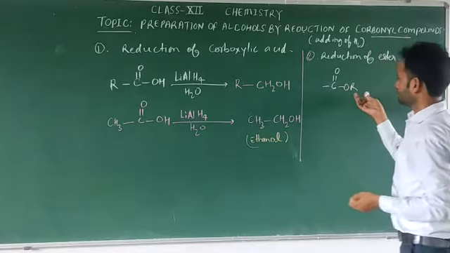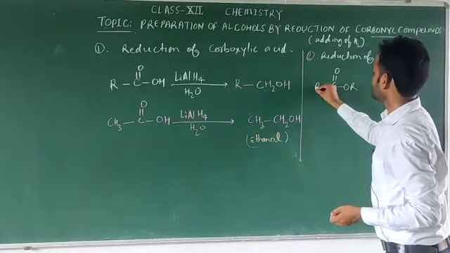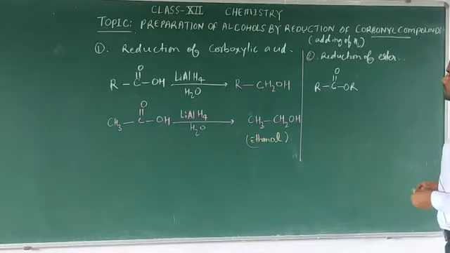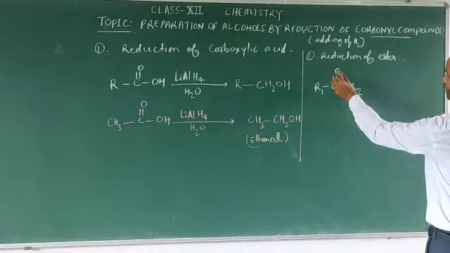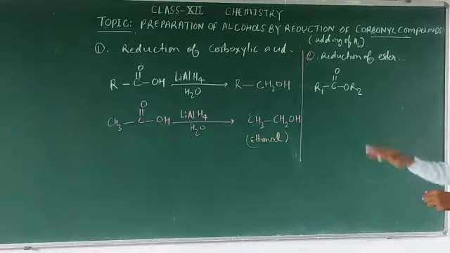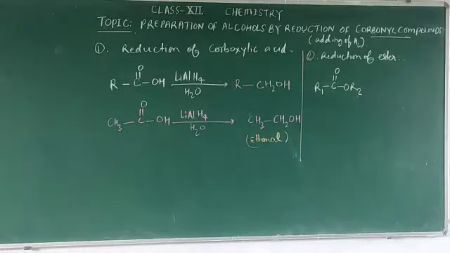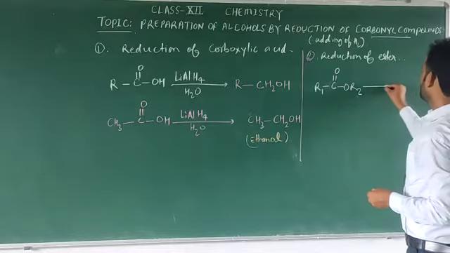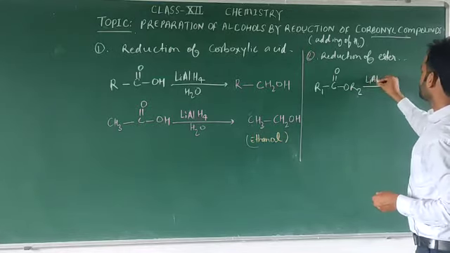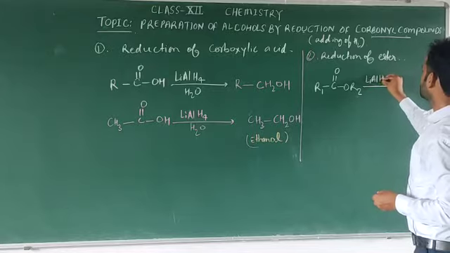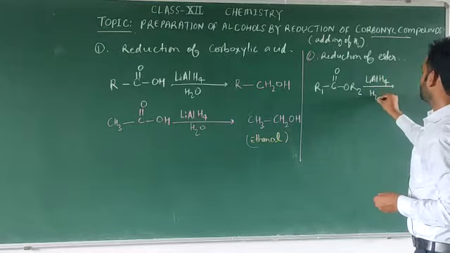For the general equation, suppose we are taking R1 here and R2 here and C double bond O and then also O here with a single bond along with the alkyl group. Okay, so next we would write here the reducing agents lithium aluminum hydride and water.